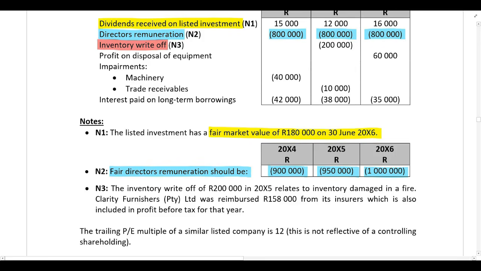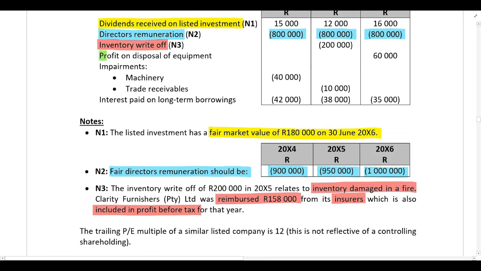The inventory write-off of 200,000 Rand in 20x5 relates to inventory that was damaged in a fire. Clarity Furnishers Pty Limited was reimbursed 158,000 Rand from their insurers, which is also included in profit before tax for that year.